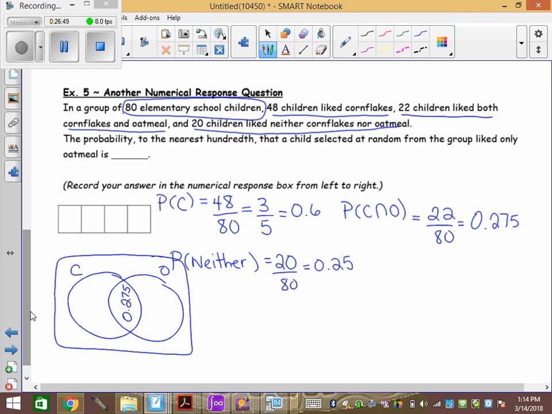We could also write outside, which is 0.25, because that doesn't affect my circles. Then I go 0.6 minus 0.275, and what do you get? How could we get just the oatmeal? Subtract all three of those from 1. 0.15.